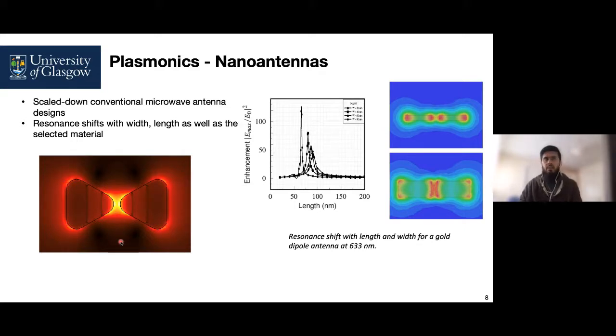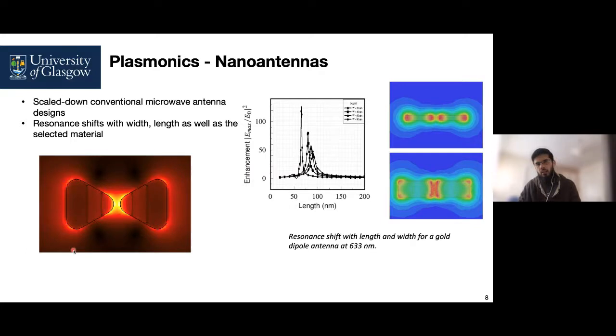Now, in contrast with antenna observation at microwave frequencies, nanoantennas at optical as well as terahertz frequencies have a very unique feature. If we have an antenna at microwave frequencies, such as a dipole antenna, the resonance performance will only change by changing the length of the antenna.